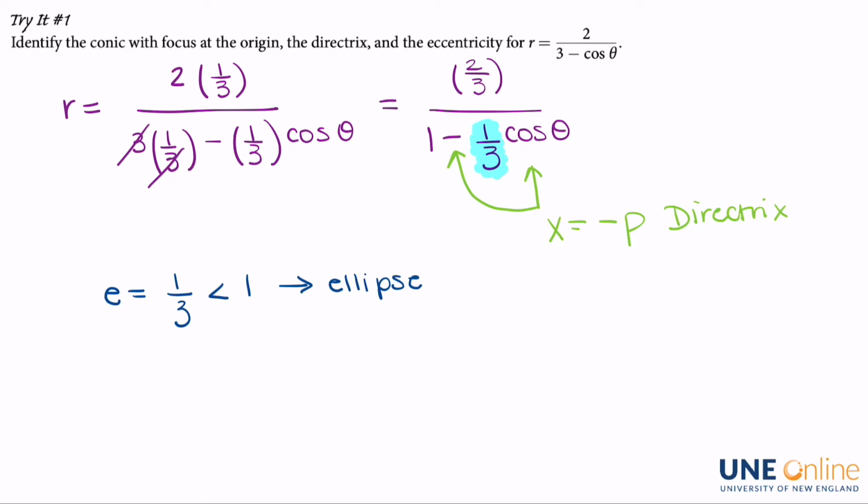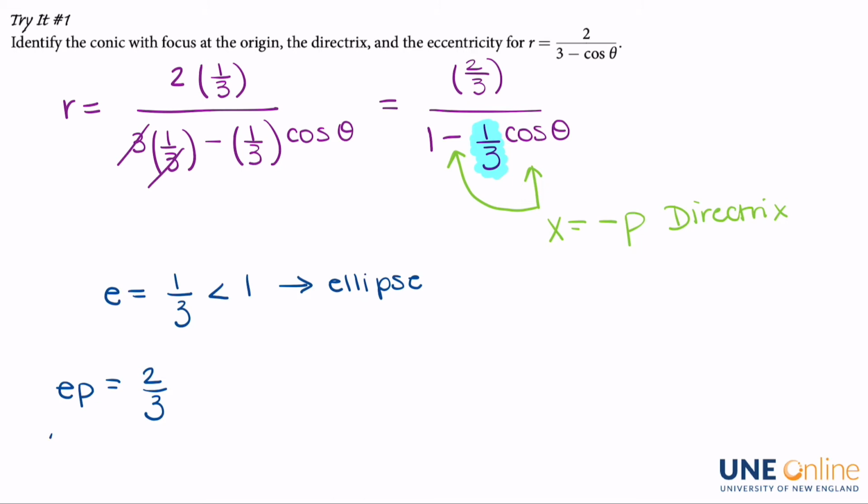The last thing we need to do is finish writing the equation for our directrix. To do this, we need to solve for p. The numerator of our polar equation in standard form is e times p. So e times p is going to be equal to 2/3 in this problem.